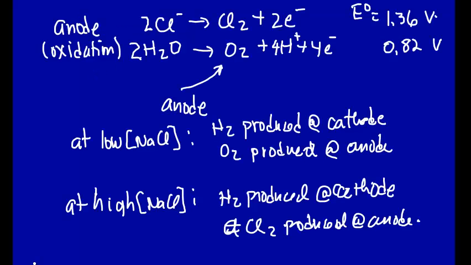Overvoltage means, if we go back here, that the reduction potential of water to produce O2 is not really less than the reduction potential of chloride. In fact, it's greater than. So it's not 0.82, it's greater than 0.82. In fact, it's greater than this.